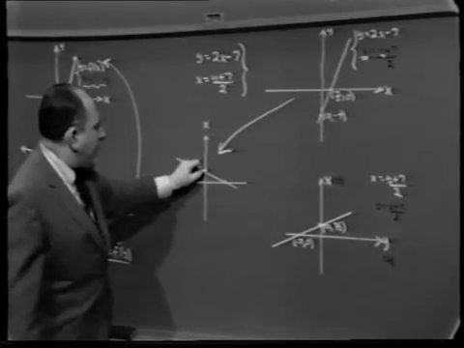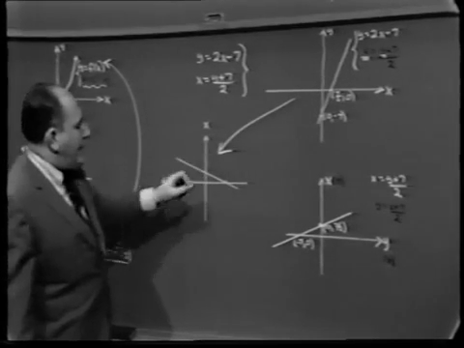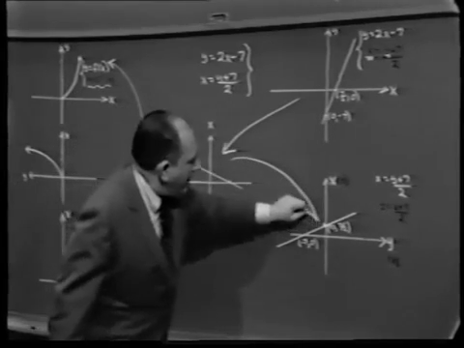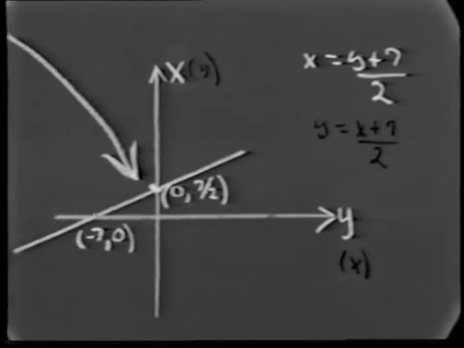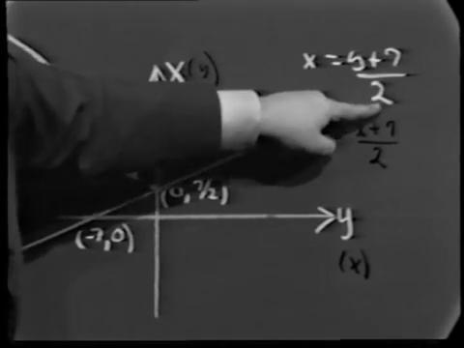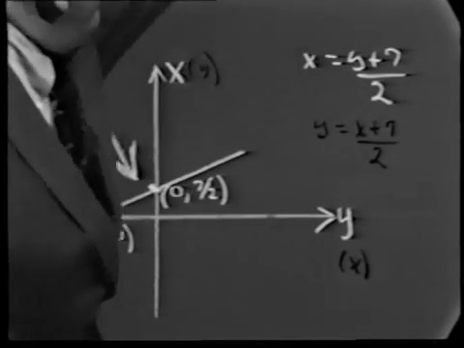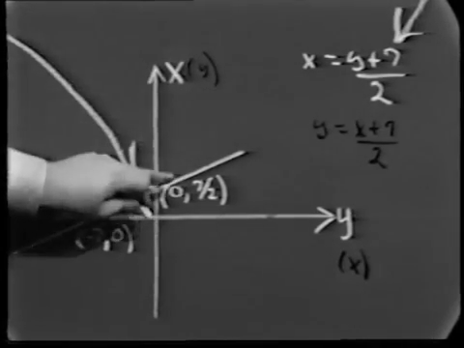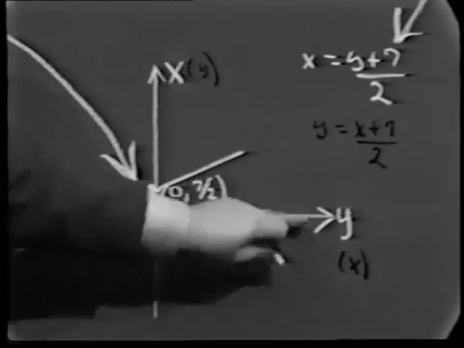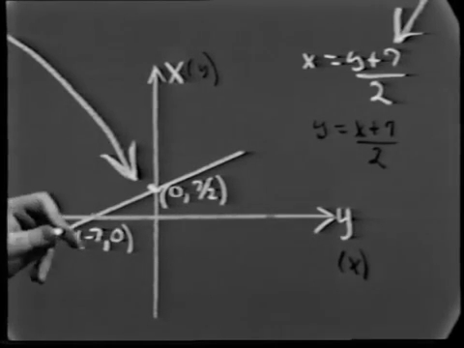I now take this and flip it with respect to the x-axis, and that gives me this picture here. Now what is this line here? It's x equals y plus 7 over 2. Again, this is the same equation as this one. The reason that the pictures look different is that we have changed the orientation of the axes.